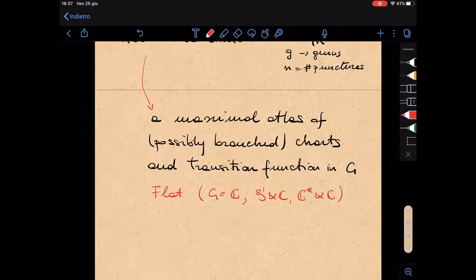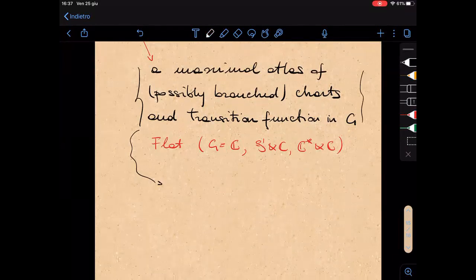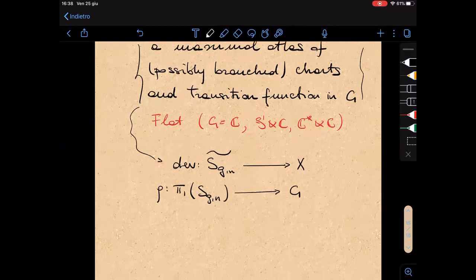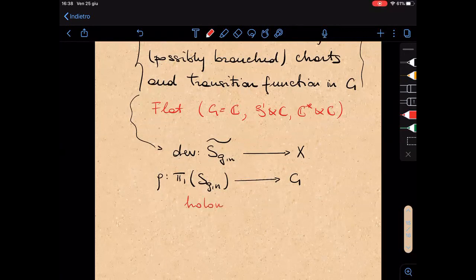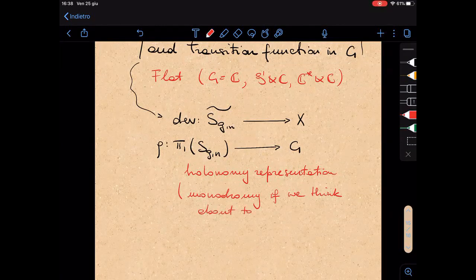And I recall to you that whenever you have these atlas of charts, so when you have a geometric structure in general, you can define two objects, namely a developing map from the universal cover of my surface into the model space X, and this is equivalent to a group homomorphism from pi1 of S_{g,n} into my group G. And this object is called the holonomy representation, or let me just mention, monodromy sometimes, if we think about some ordinary differential equation associated to the structure.